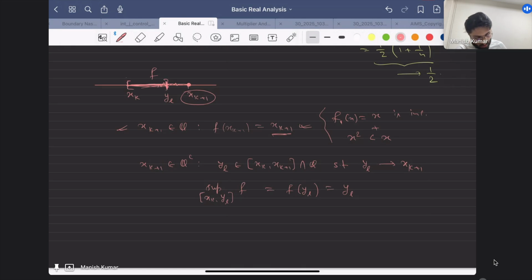As l goes to infinity, this point converges to xk plus 1. So you can actually prove that the supremum of f on xk to xk plus 1 will be achieved by this limit of yl, which is equal to xk plus 1.